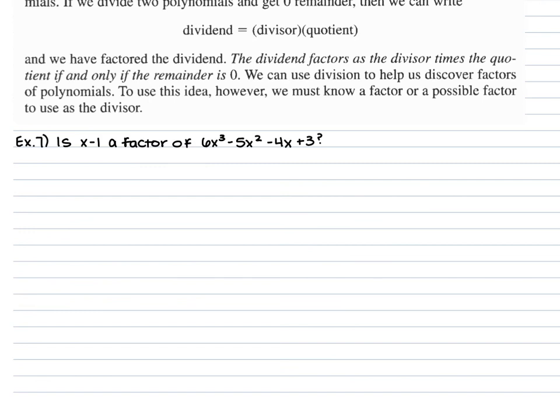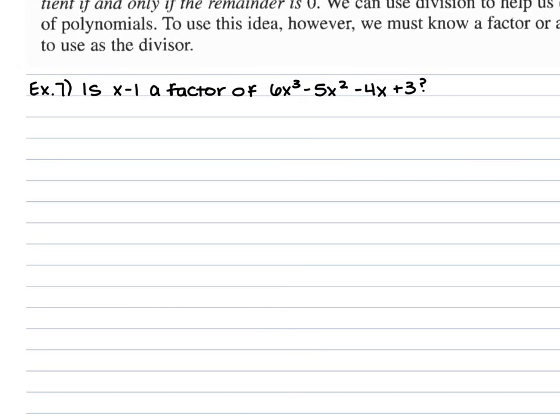So we're going to do the same exact thing that we did in the question before this, except this time we're checking to see if that x minus 1 is a factor by seeing if we have a remainder of 0. If we look here, that x minus 1, we said equal to 0. We move the 1 over. We get that x is equal to 1.